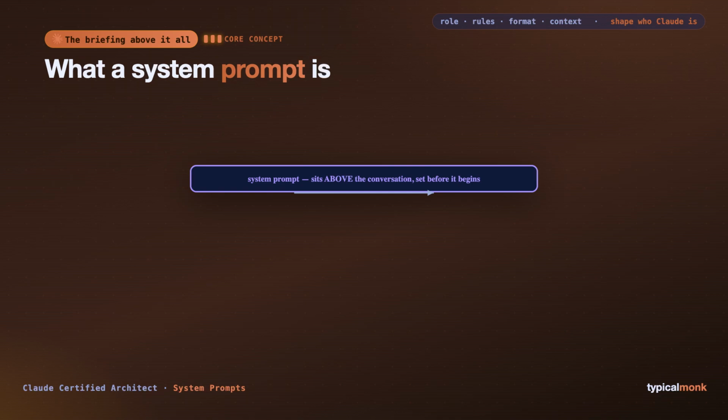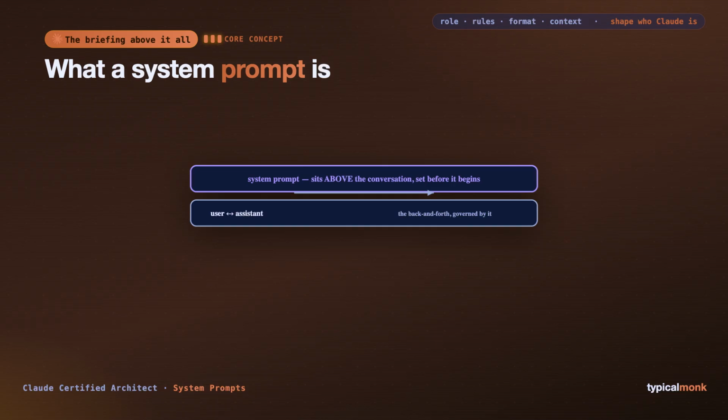"You are a stern judge, stay formal, never break character." The actor then plays every scene according to that briefing. The system prompt is that briefing for Claude. What it sets is the role, the rules, and the tone that will shape every single reply in the conversation. Whatever the user later asks, Claude answers through the lens of the system prompt.